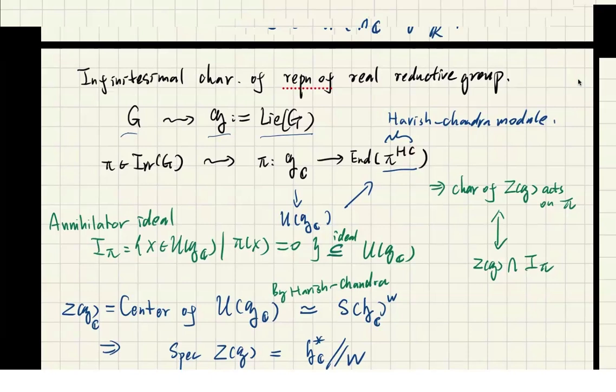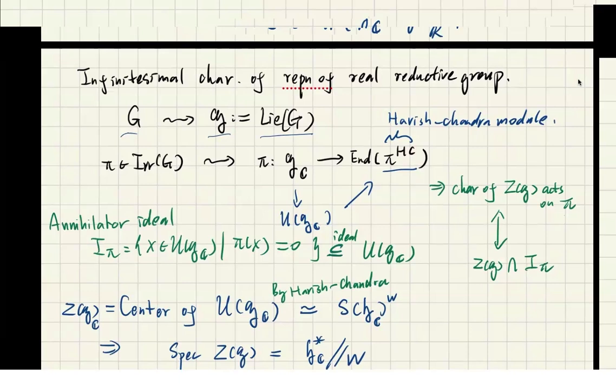Okay. So on the other hand, this universal enveloping algebra will have a center. Let's call it Z_G. It will also act on pi, and the Dixmier version of Schur's lemma will tell you that Z_G acts by a scalar.